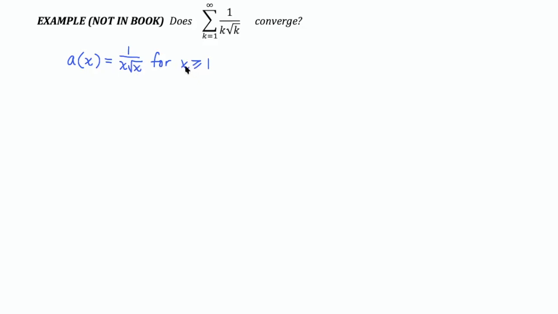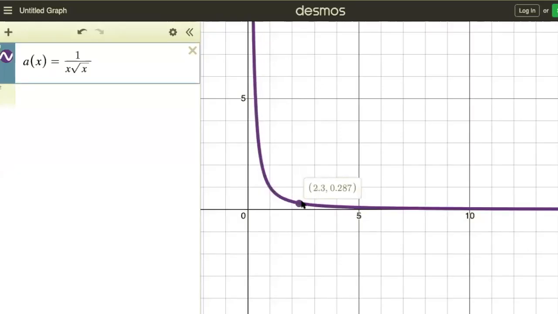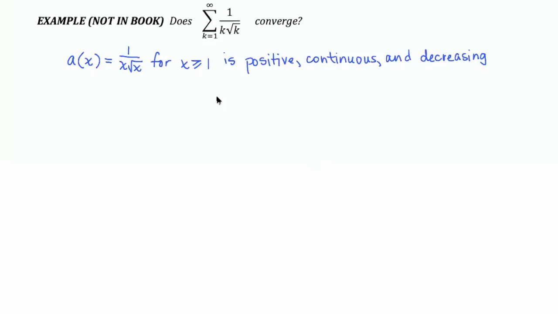And again, the last thing you have to determine is if this is a decreasing function, which the fastest way again would be to look at the graph. Here's what the graph of our function looks like, and again, with a little bit of effort, you can convince yourself that the outputs of this function are decreasing in value. Now that we've verified that those conditions in order to use the integral test have been satisfied, we can write the integral that we're going to compare our series to.